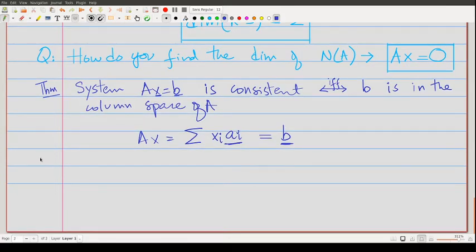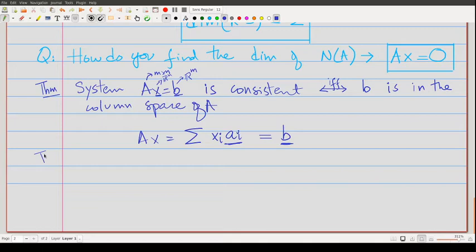Okay, where A is an m by n matrix, X is in Rn, and B is in Rn as well. Sorry, B should be in Rm. Okay, that's the first one.